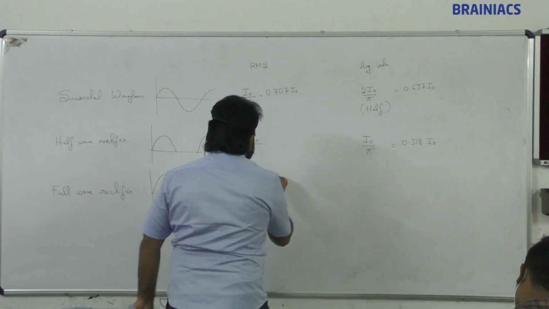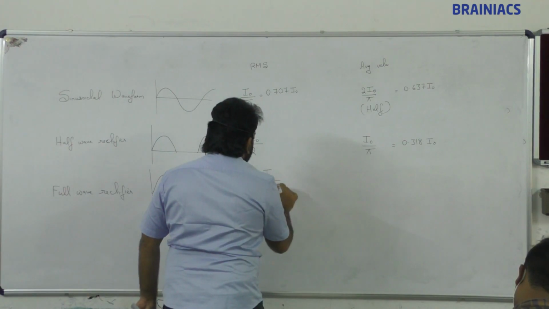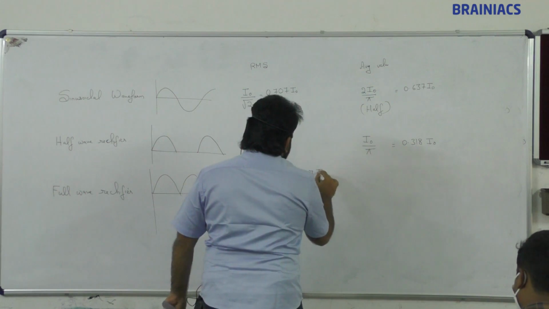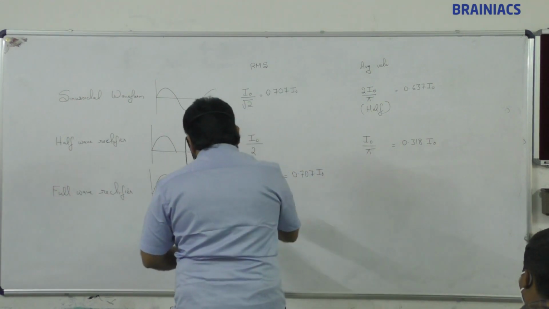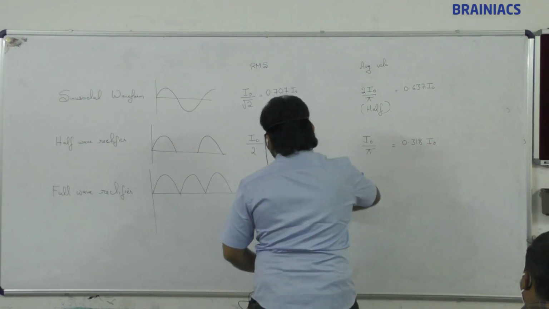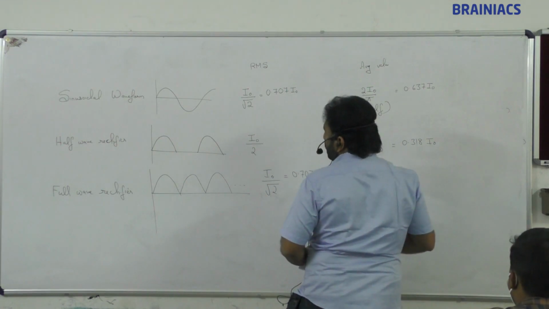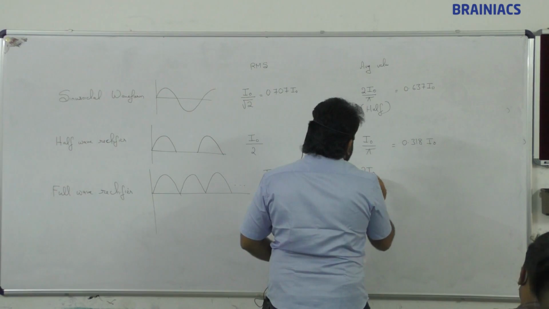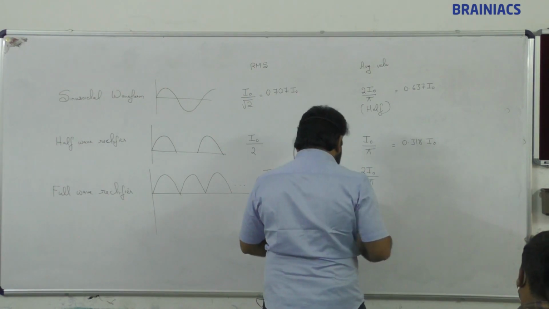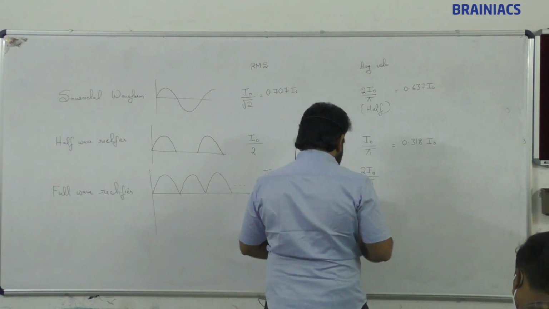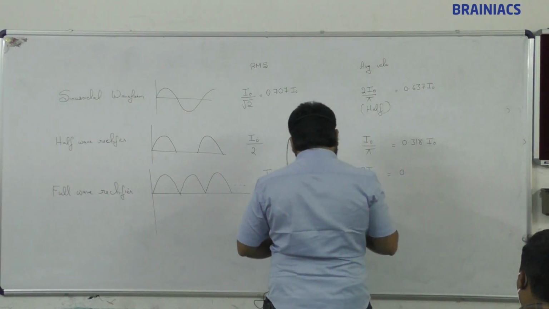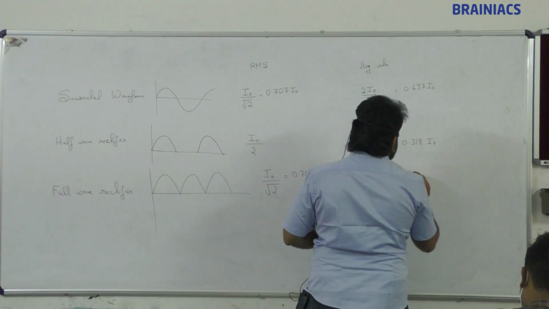In this case, the RMS value is going to be I naught by root 2, 0.707 I naught. Average value will come as 2 I naught by pi, okay, 2 I naught by pi. So its value is going to be 0.637.